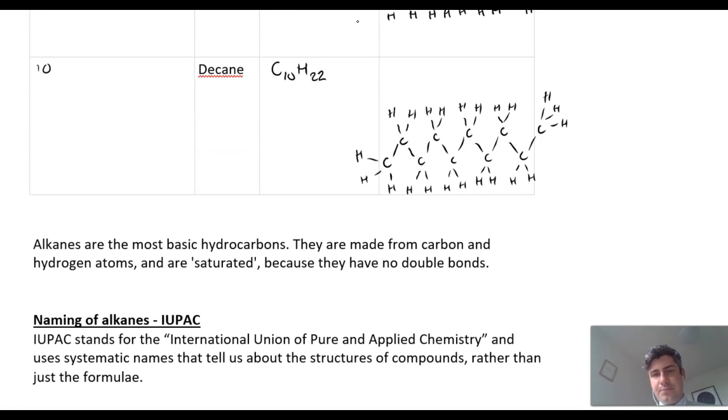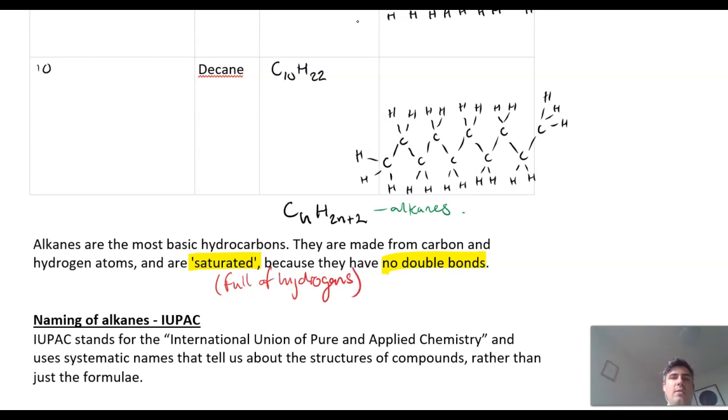So the general formula is CnH2n+2. And that's for all alkanes. So these are what we call saturated hydrocarbons. And the reason that they're saturated is because they have no double bonds. They are full, effectively, of hydrogens. So there's no more hydrogens we could possibly fit onto each of these carbons.